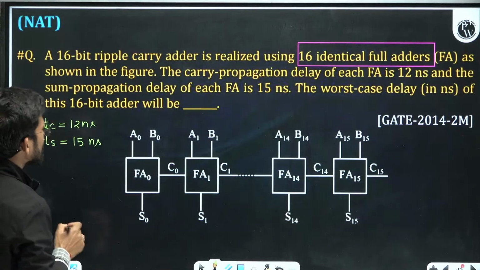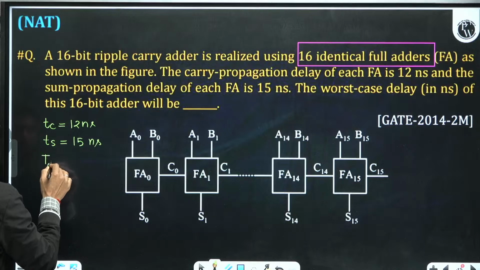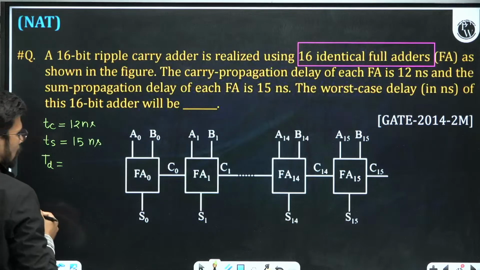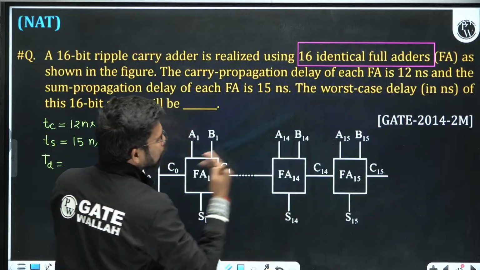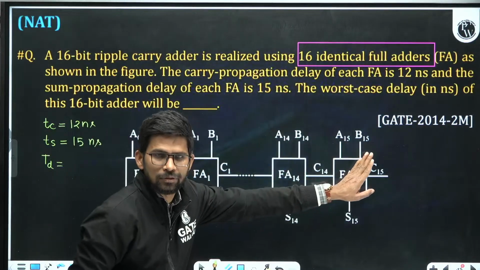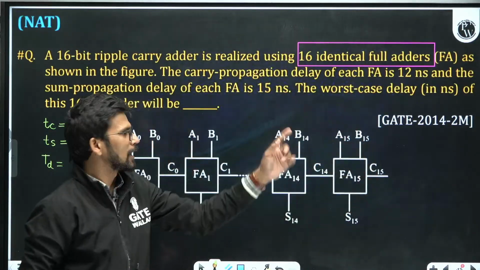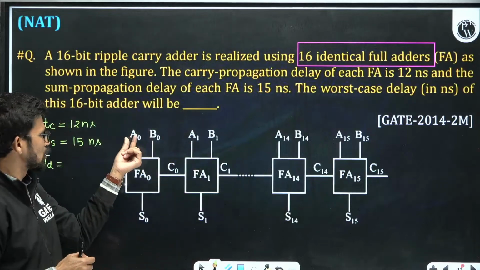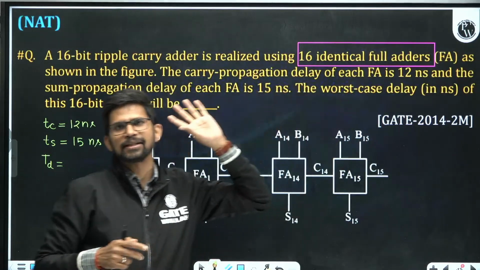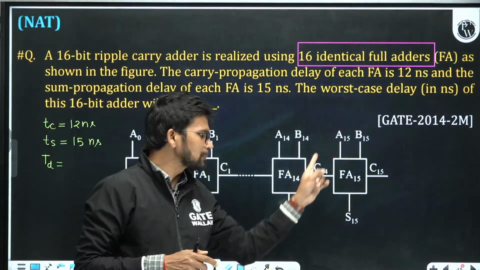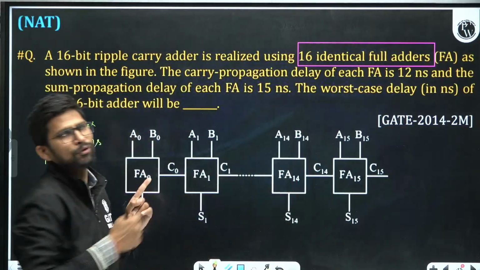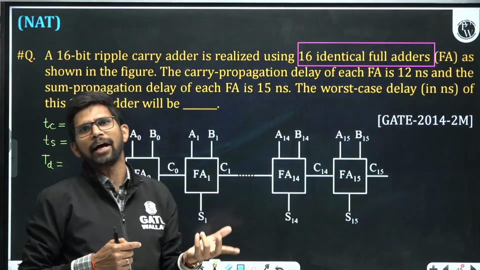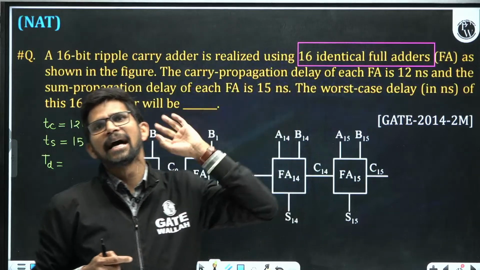Then the worst case delay of the 16-bit adder will be, worst case delay is what? We add carry delay up to n-1 full adders, except the MSB full adder, that is A15. From 0 to 15, there are 16 full adders. So except the 16th full adder, in case of the initial 15 full adders, we add the carry delay of each full adder.